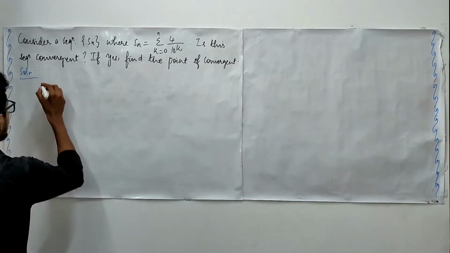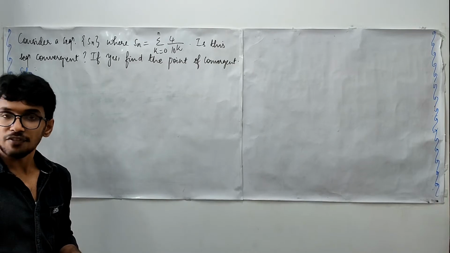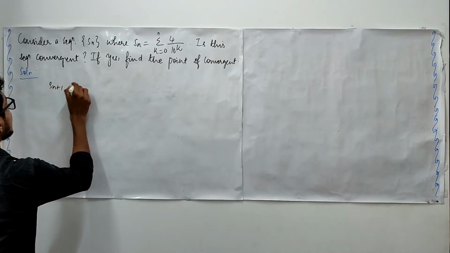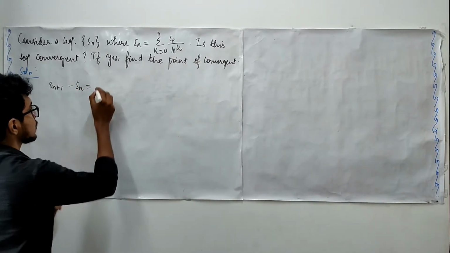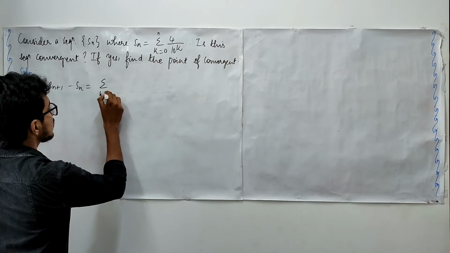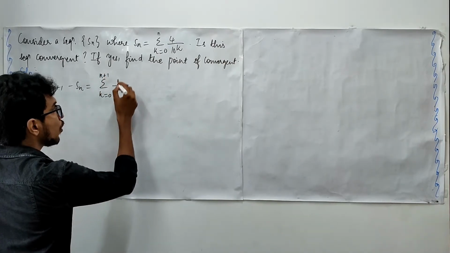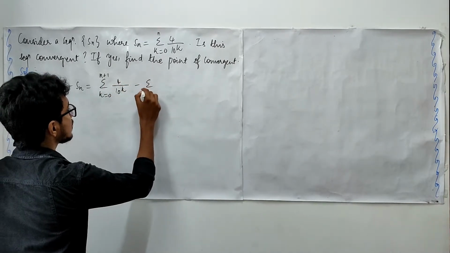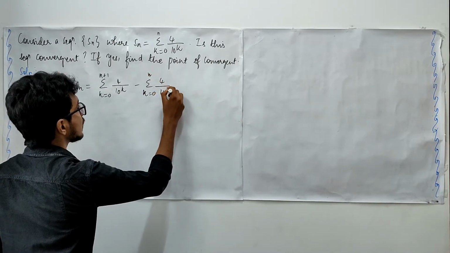In order to check whether it is monotonically increasing or not, we will have to calculate Sn plus 1 minus Sn. What is Sn plus 1? It is summation k runs from 0 to n plus 1 of 4 upon 10 power k, minus summation k runs from 0 to n of 4 upon 10 power k.